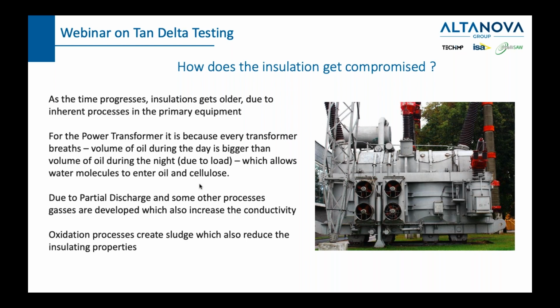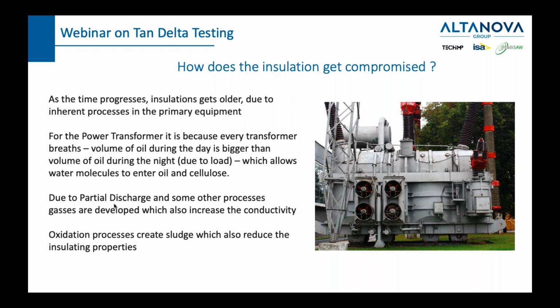So the volume of something increases during the day, like you breathe in, and then during the night, you breathe out. So you have air coming in through the breather and then air coming out. The air has water molecules inside, and even though there is silica gel, which you should change regularly, some molecules of water do get inside.